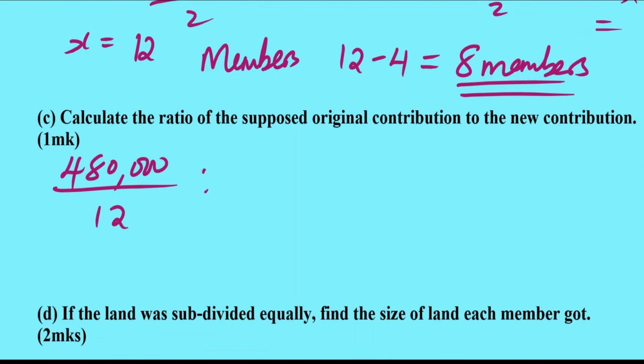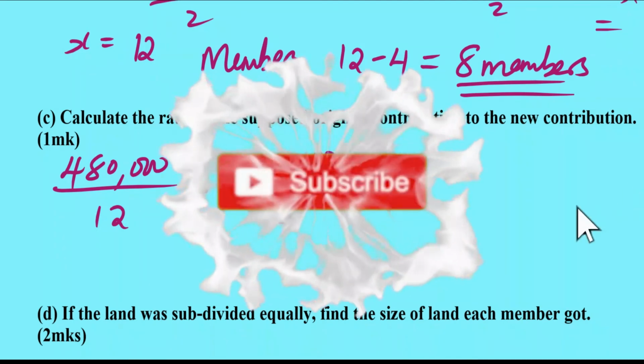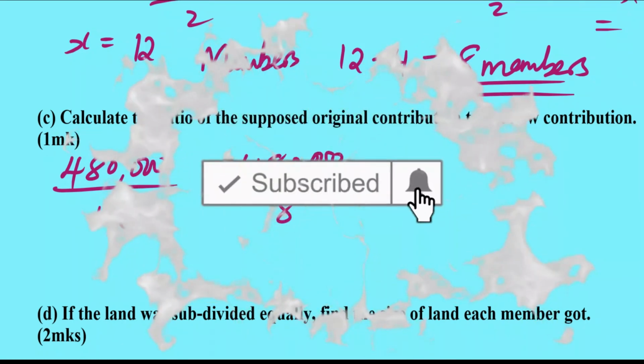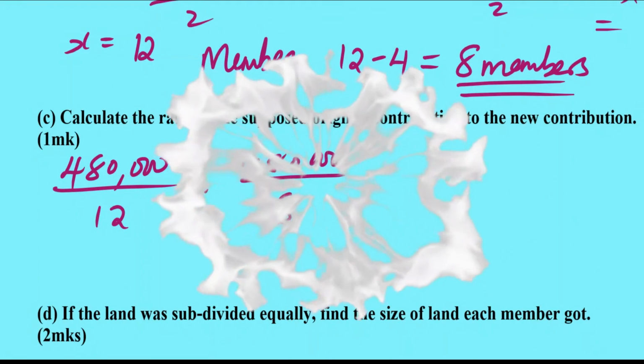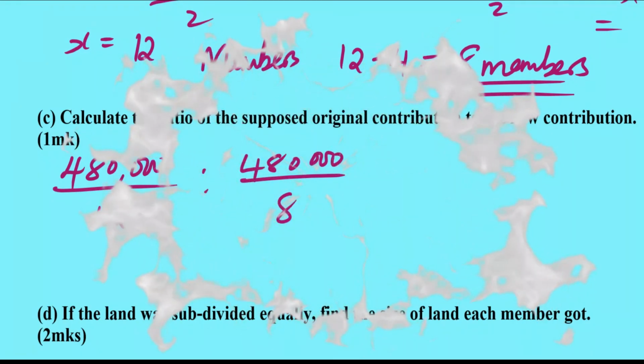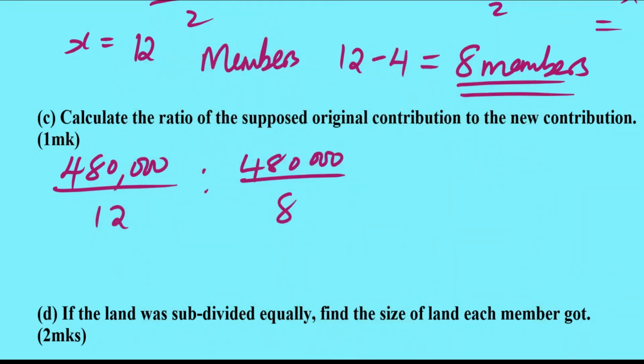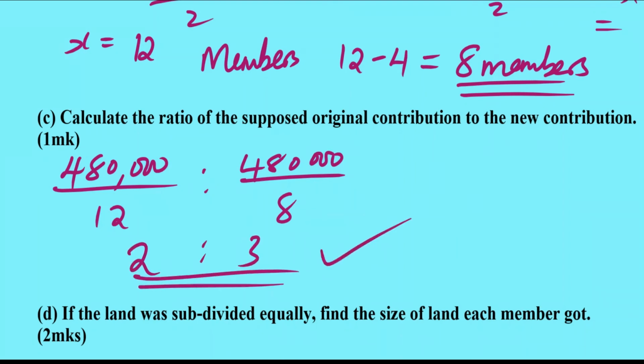But after 4 pulled out, this is 480,000 divided by 8. 8 remains. So this is the ratio that we are getting, the supposed original contribution to the new contribution after the members pulled out. So working out these correctly, use a calculator. So this gives 2:3.